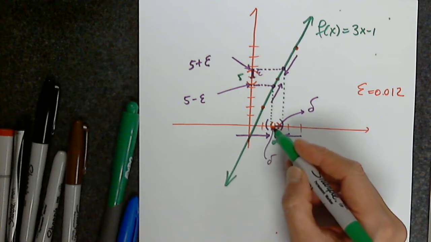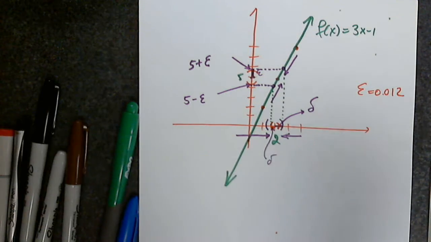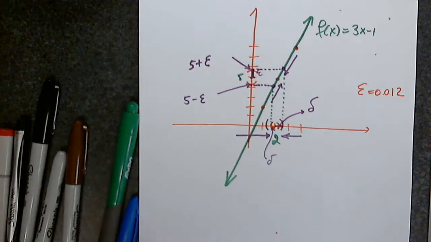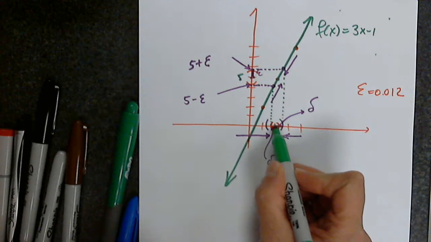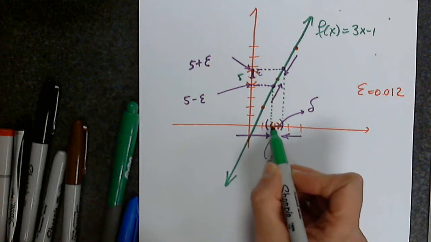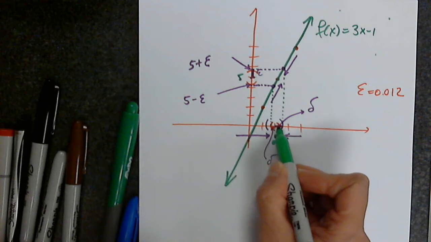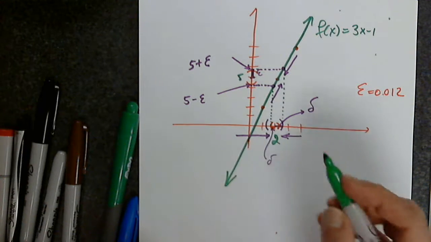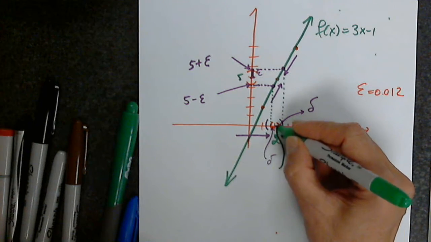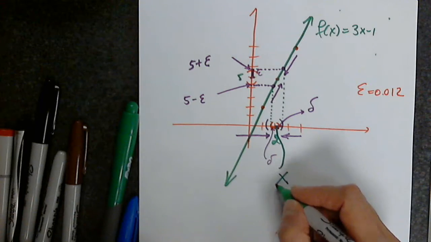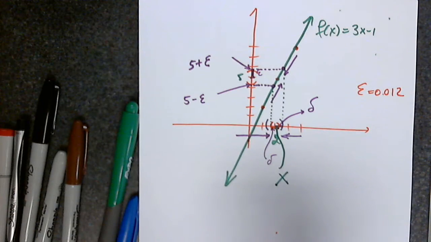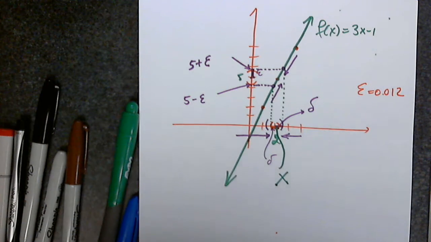Every time I pick an x in this interval, now you tell me where I could pick it. Can I pick it here, or can I pick it in the big interval, in the smaller interval? Such that every time I pick an x close to 2, delta close, the distance between the x I pick and 2 cannot be wider than delta.